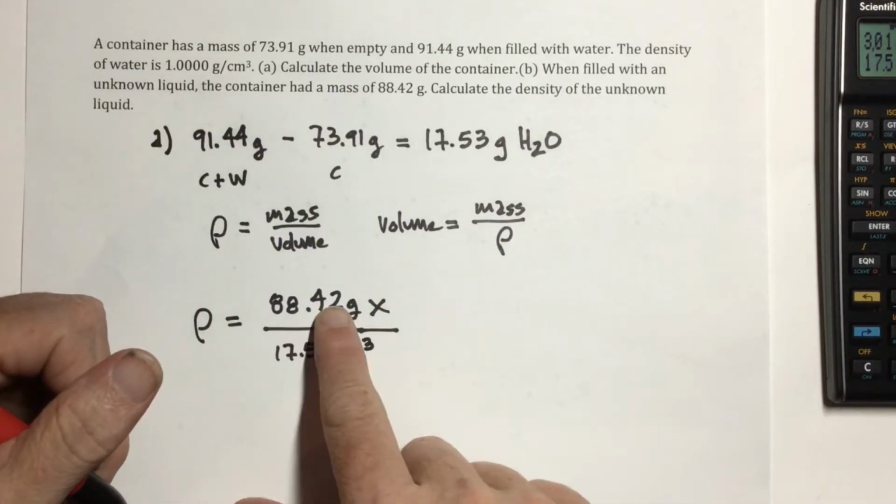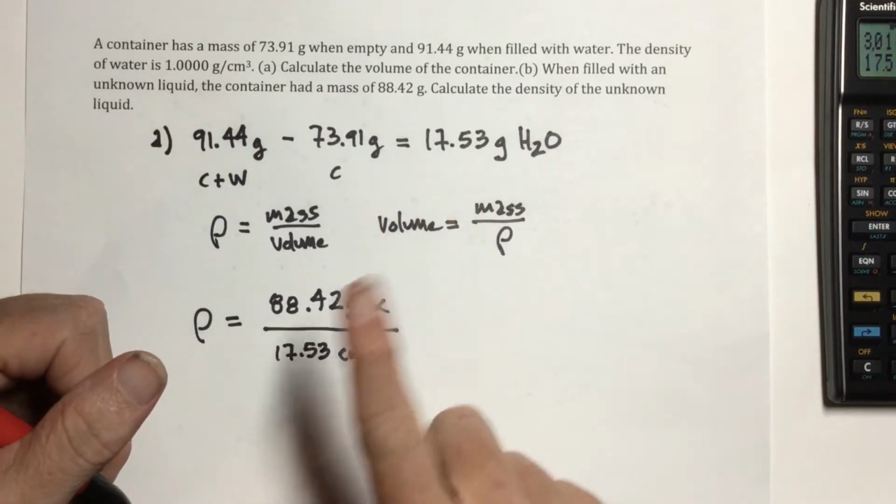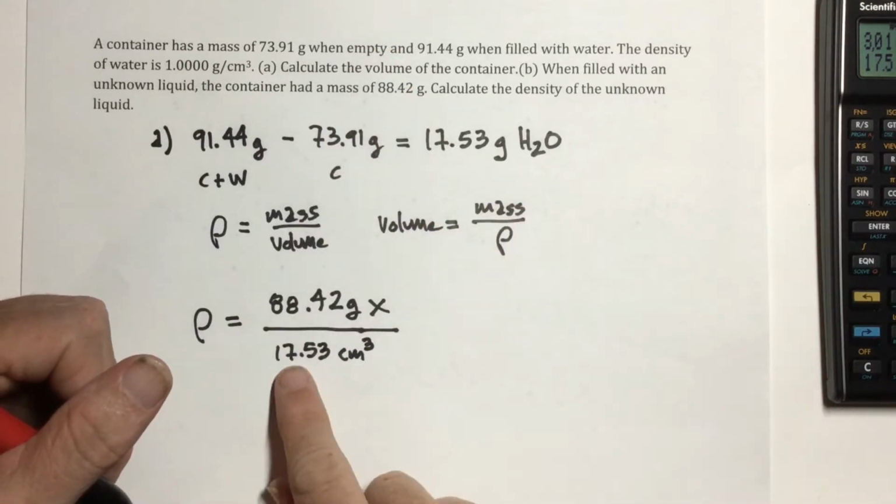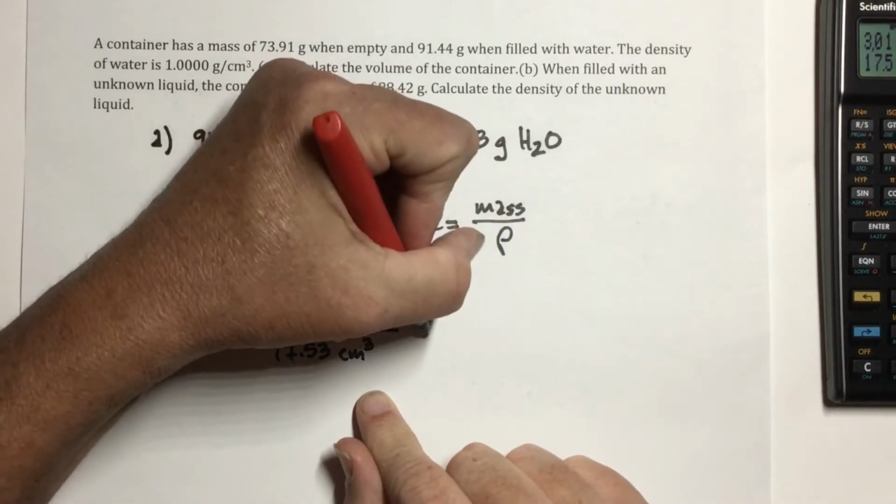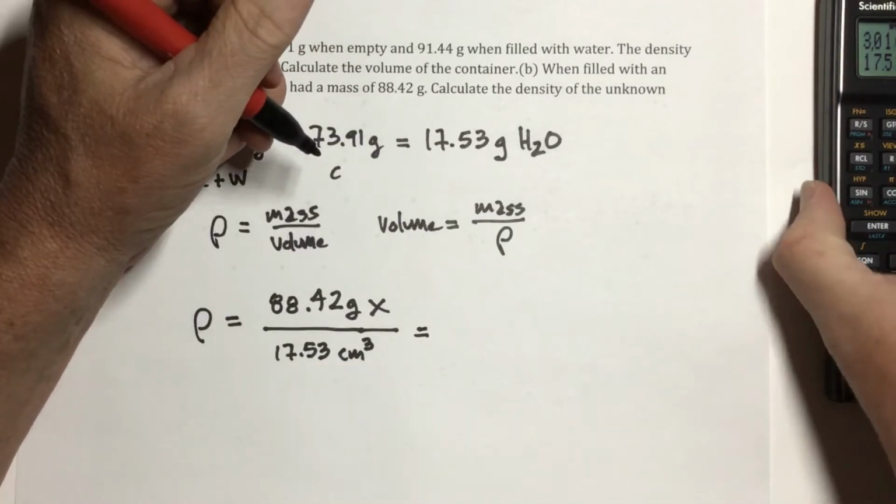So the liquid has a mass of 88.42, and this volume, since it's in that container, must be 17.53 cubic centimeters.